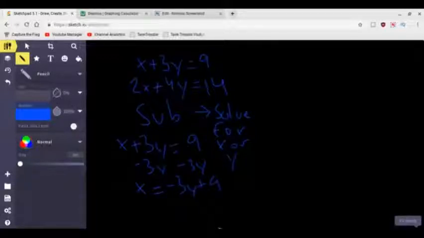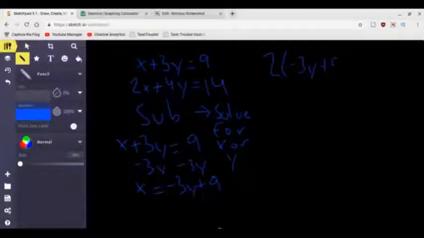Now, with this knowledge, you can plug this x into the second equation. So it would be 2 times, since you know that x equals negative 3y plus 9. You can plug that in like that. Plus 4y equals 14.